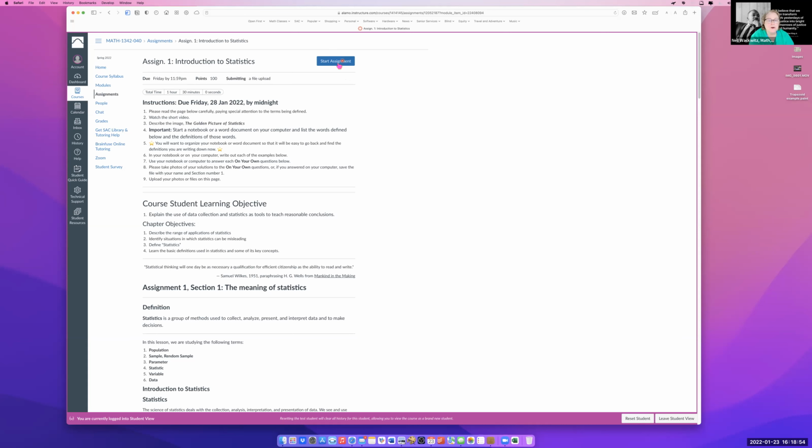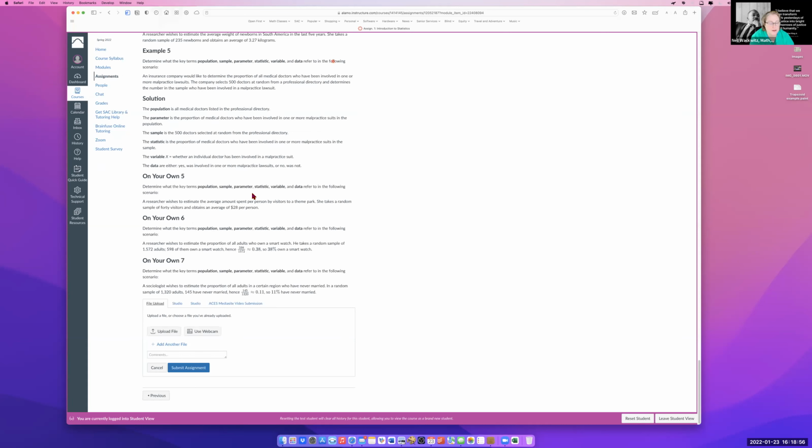See this button, Start Assignment? If I click on that, it gives me a place to upload a file. And that's what I want you to do. Take photographs of your work, or if you are doing it on a computer, then save it as a file and upload the file, and you don't have to put comments. Then it'll all be available to me to grade.